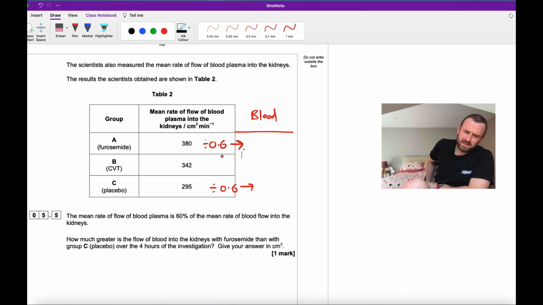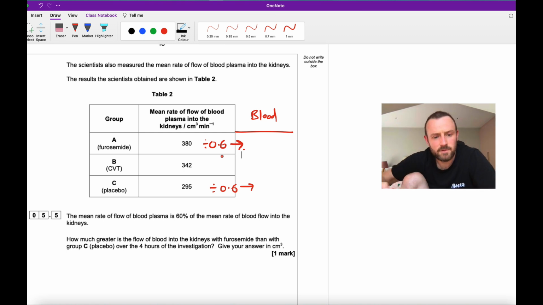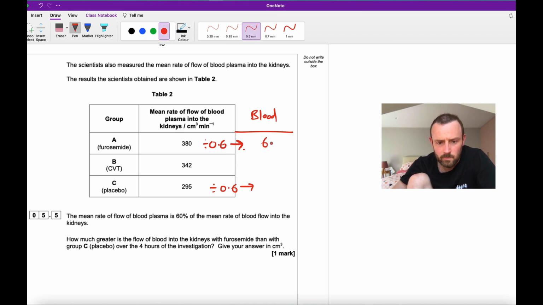What have I done with my calculator? Phone. Okay, so I do 380 divided by 0.6 equals 633.3. And then 295 divided by 0.6 equals 491.6.